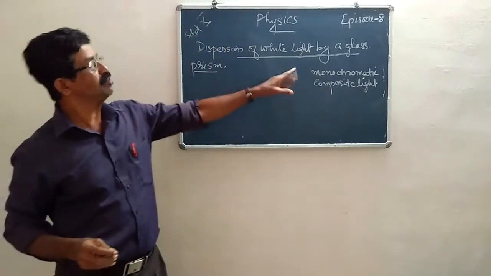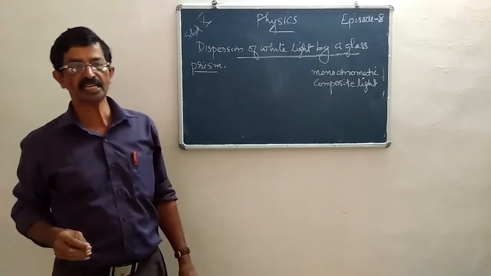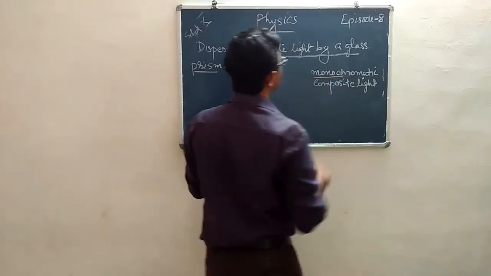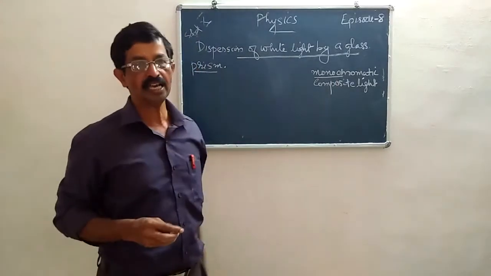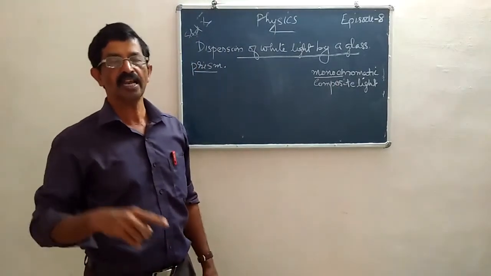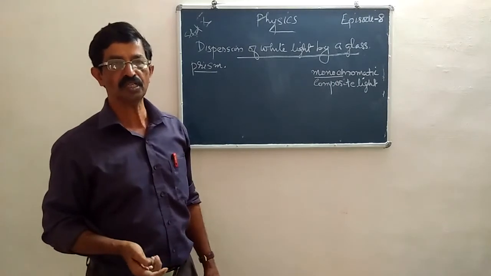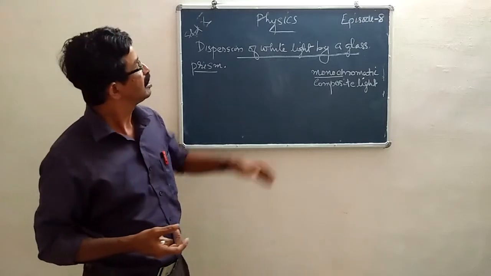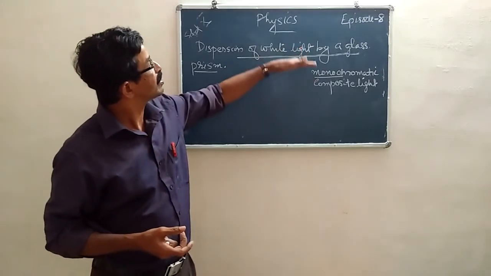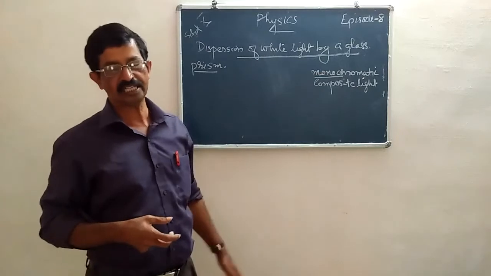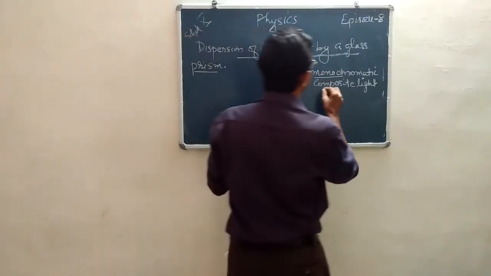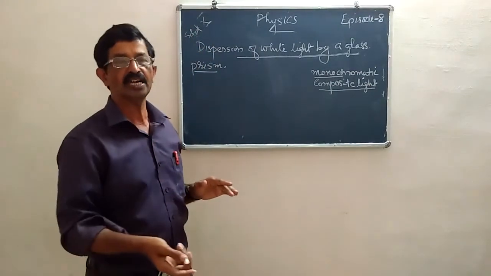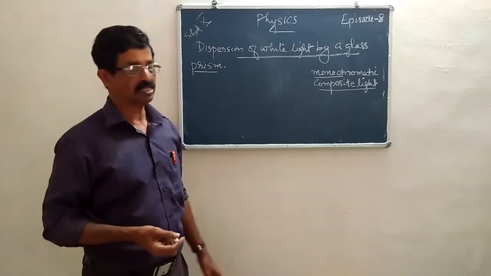Monochromatic light means a light composed of only one wavelength. Here you see yellow light is monochromatic because there is only one wavelength, or only one colored light. But when a light is composed of more than one color, then it is called composite light.